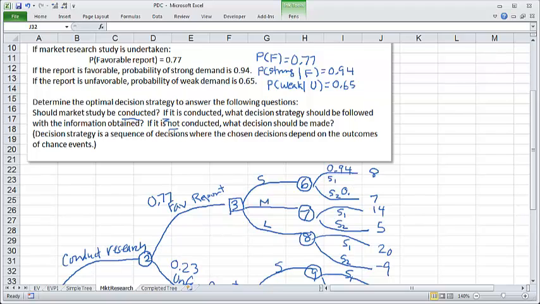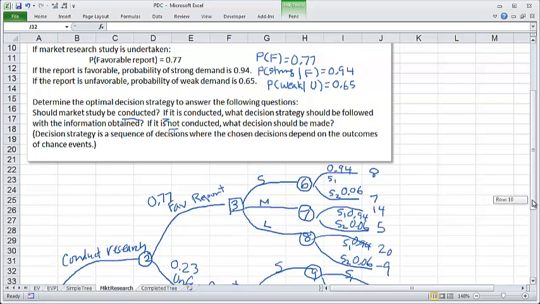Which means the other probability here must be 1 minus 0.94, or 0.06. Now we could just repeat these here and here because the given condition is the favorable report for the other sets of branches too. So let's write down 0.94, 0.06, 0.94, and 0.06.